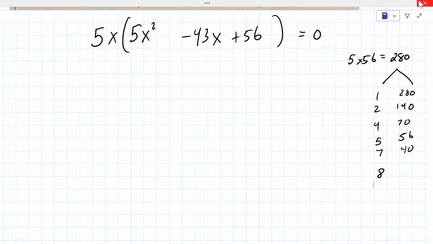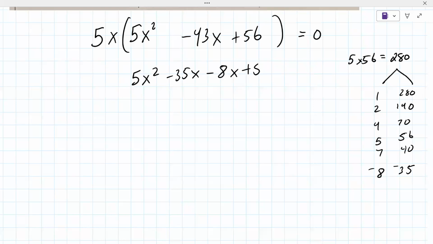This is where the calculator really helps: grab 280 and divide it by 8, which is like dividing by 2 three times. So 35, and there you have it. They're both negative. So 5x squared minus 35x minus 8x plus 56. There's no shortcut to doing that.